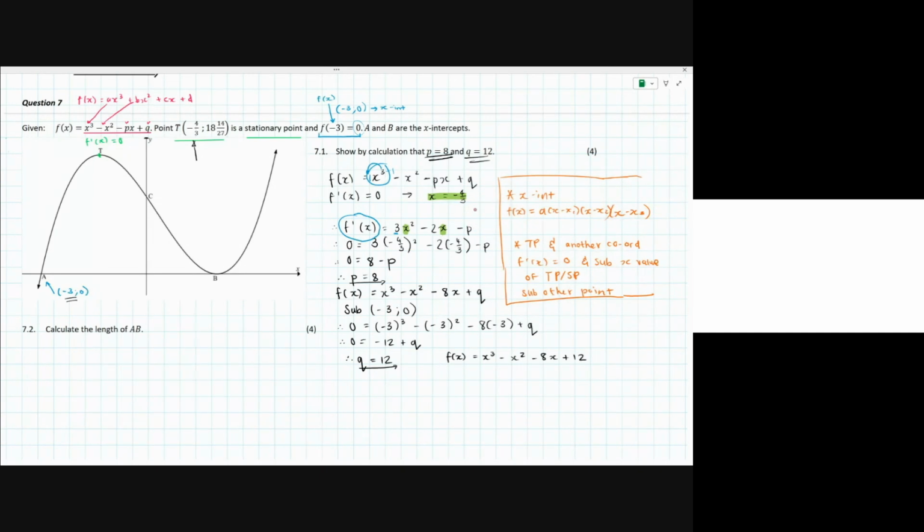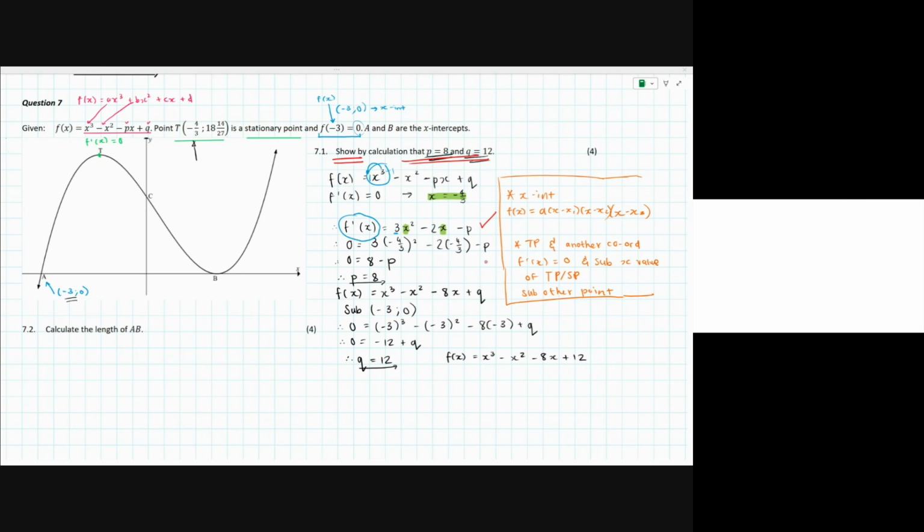So in terms of your 4 marks here, you would get a mark for finding your first derivative. Remember, very importantly, this question says show that these values are true. So you are not going to get marks for telling me that P equals 8 and Q equals 12. You also may not use those values in your working out. That should be a final answer value.